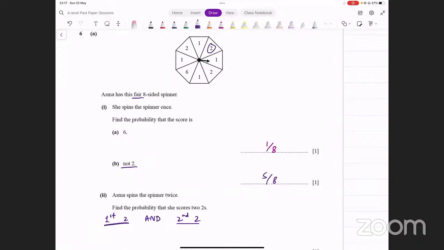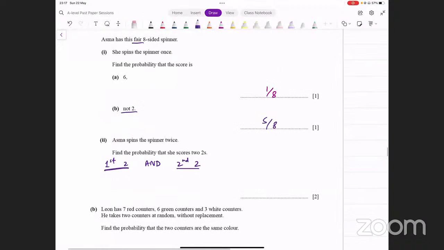How many 2s do we have? 1 2 3. There are 3 2s. 2 की probability 3/8 है. So we have 3/8 for this. Second time 2 आने की क्या probability है? Again, that's going to be 3/8. And there's an and between them. Right? दोनों दफा 2 आना चाहिए. And जब आता है, what do we do? We multiply them. दोनों को multiply कर देंगे. We get 9/64, and that's your probability. ठीक है? Okay.